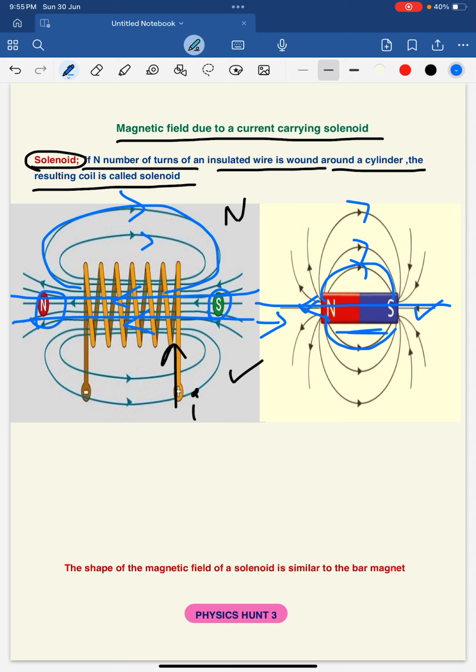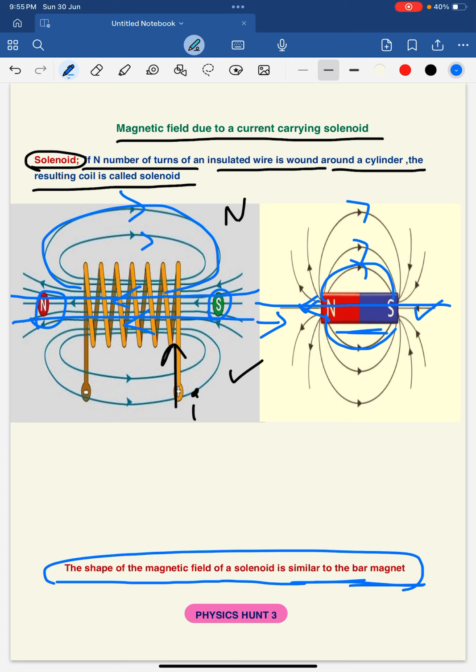So that's why I mentioned this point: the shape of the magnetic field of a solenoid is similar to that of a bar magnet. That means the bar magnet's magnetic field direction and the solenoid's magnetic field direction are almost the same. I hope you understand. Still, one more point is there. Look at the inside of the solenoid, we have magnetic field lines, right?